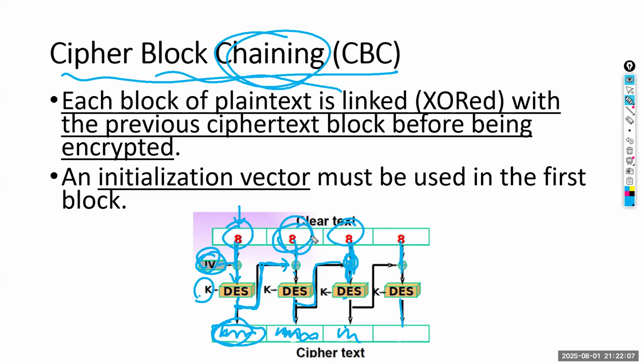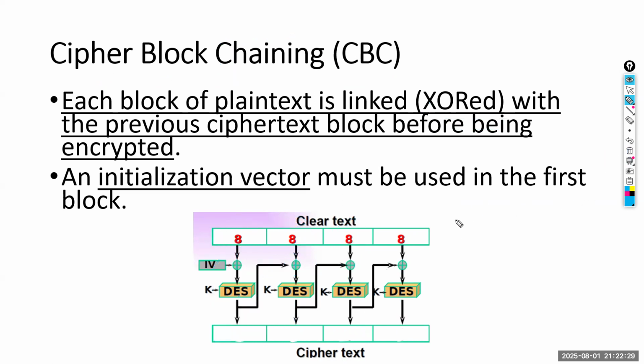So therefore, before your plain text is encrypted, it is XORed with the previous ciphertext and then only encrypted. And that one is your encryption. At the same time, it becomes one of the inputs for the next encryption. So that is called cipher block chaining.